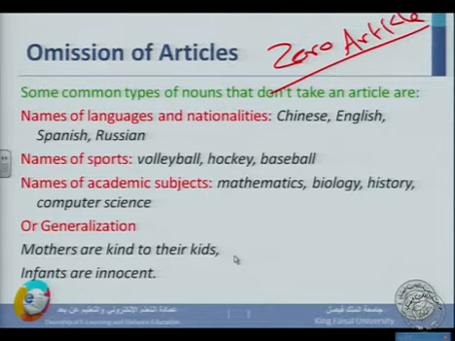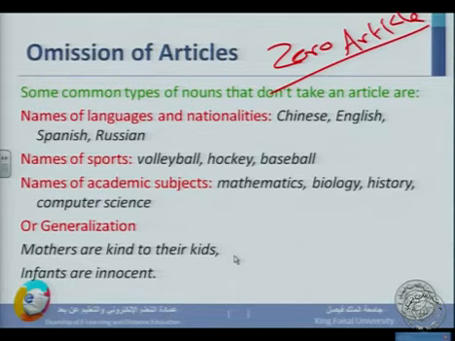Chinese ما بحكي the Chinese. Saudi Arabian ما بحكي the Saudi Arabian. أيضا اللغات Arabic, English, Spanish, Russian ما بنستخدم معهم الآرتكلز. ما بقدر أحكي a Jordanian. أو an Arabic أو an English.